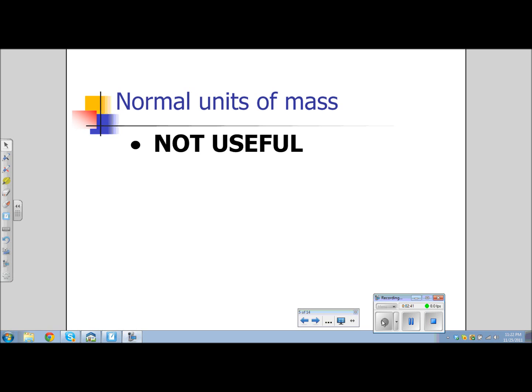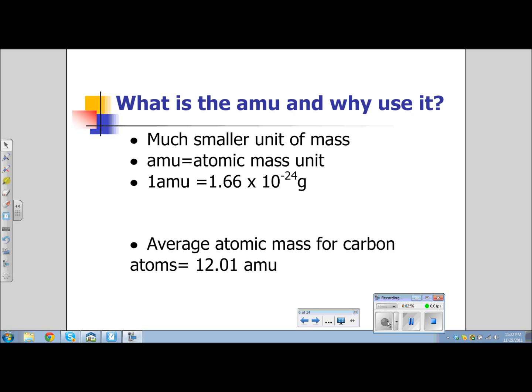So this is why scientists came up with a different way to represent the mass of tiny, tiny particles such as the atom. So this much smaller unit that scientists have come up with is called the AMU, or atomic mass unit.